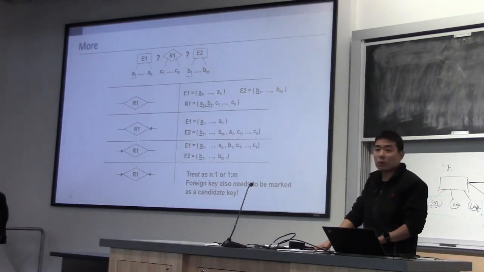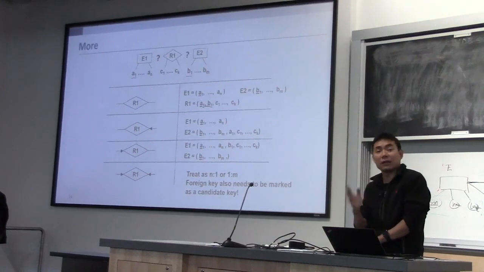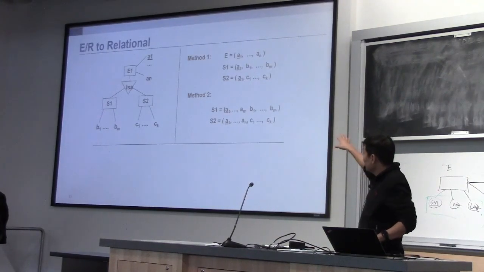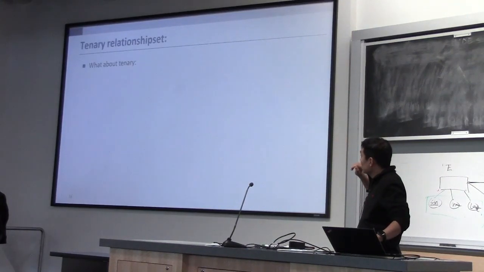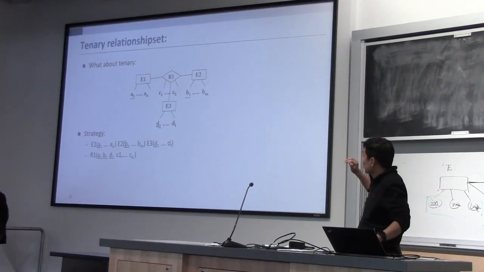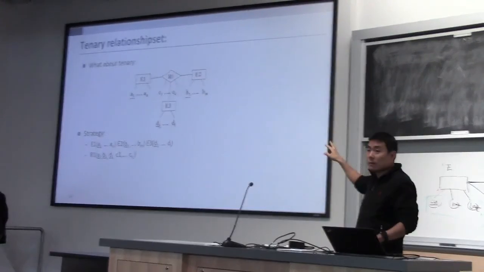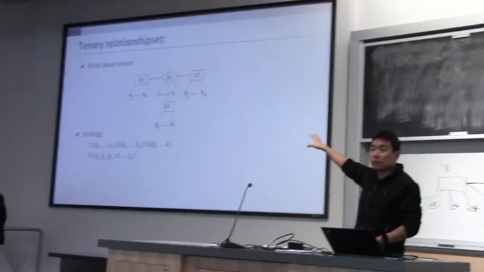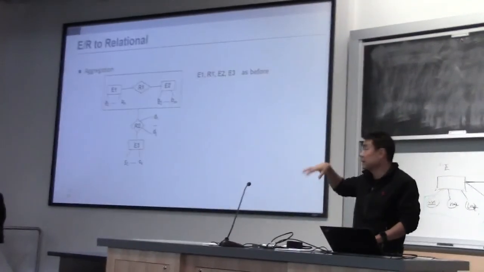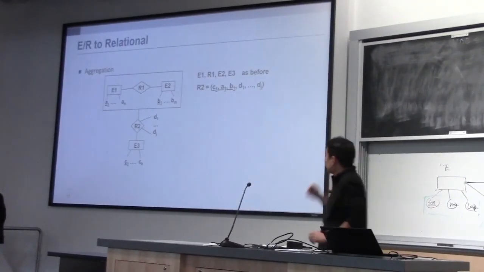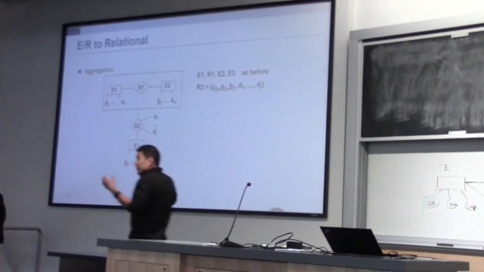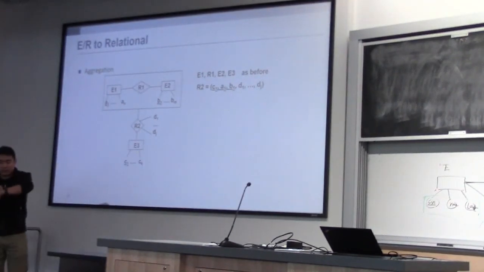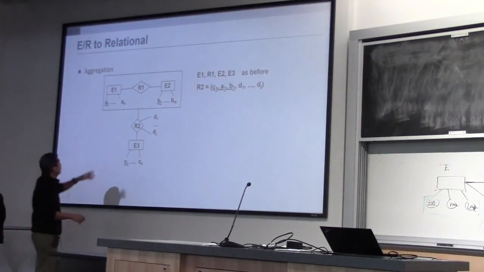For one-to-one, you treat it as either one-to-many or many-to-one. In zero, you have two choices. Ternary, you create 3 tables for 3 entities and 1 table for the relationship set, taking the keys from all participating entities. Finally, what about aggregation? Aggregation is very much like the way you treat a ternary relation set.